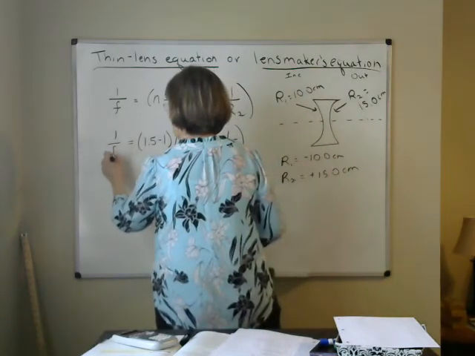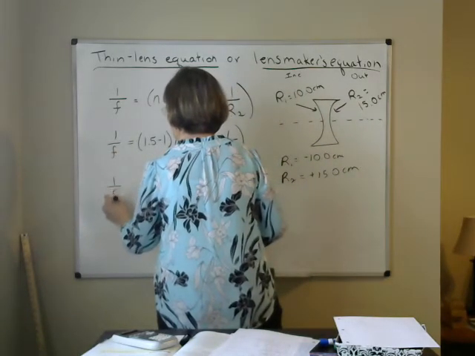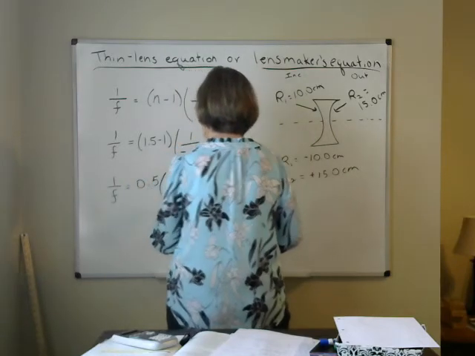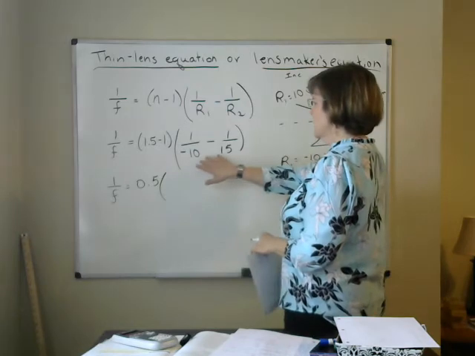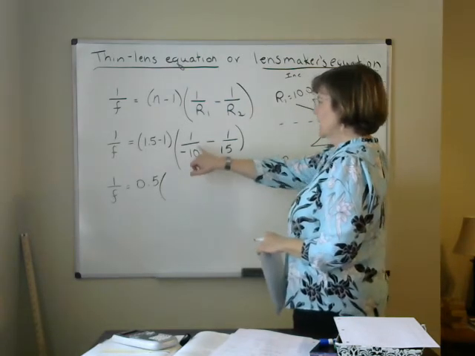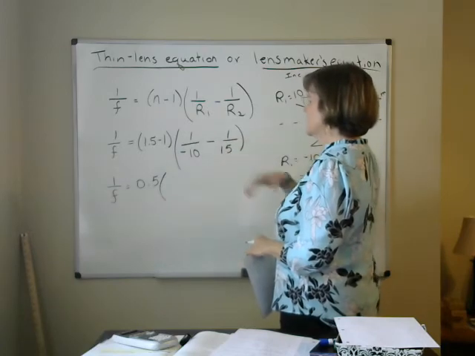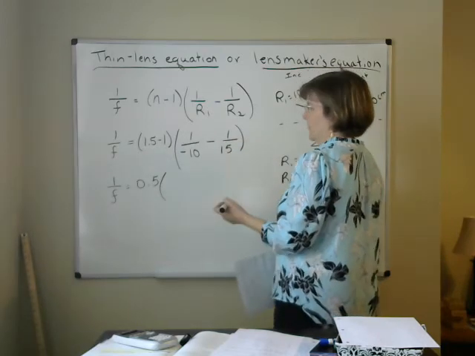That's 1 over f. That's going to be 0.5. The common denominator here is 30. That's going to be negative 3/30 minus 2/30. That's going to be negative 5 over 30.